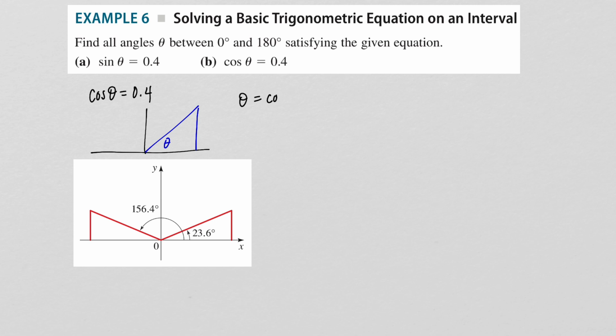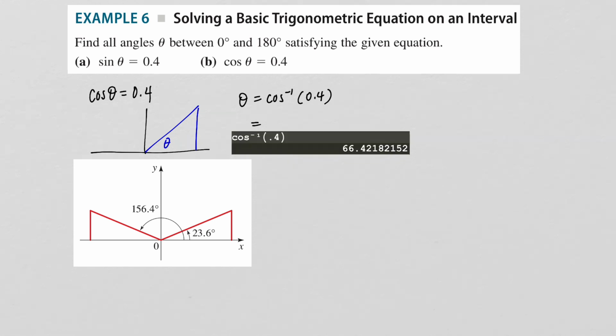And so theta will be the inverse cosine of 0.4. And let's go ahead and plug that into a calculator. And this is approximately 66.4 degrees. Now, in this case, this is the only solution because we know in the second quadrant, cosine is negative, right? It's positive here, but it's negative in the second quadrant.